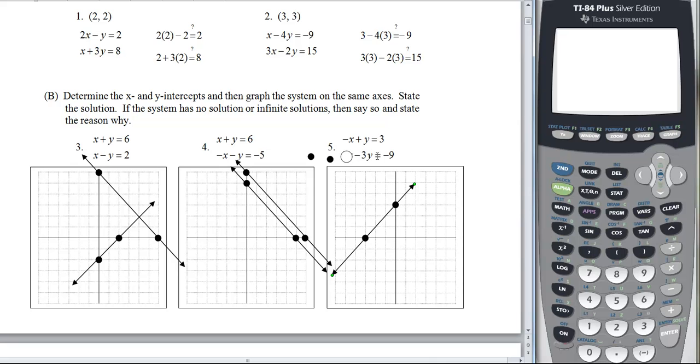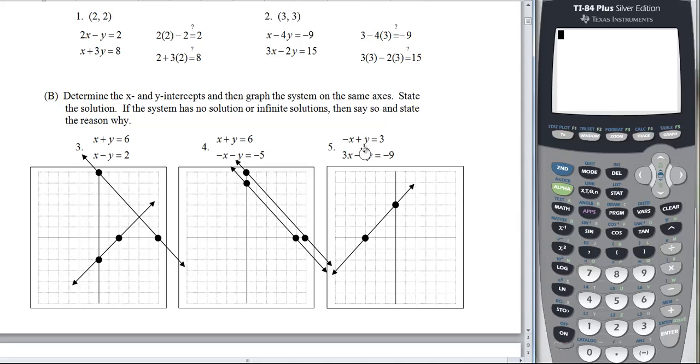So I have negative 3y equals negative 9, or y equals 3. And then when I move 0 over to my y, I've got 3x equals negative 9. x would equal negative 3.